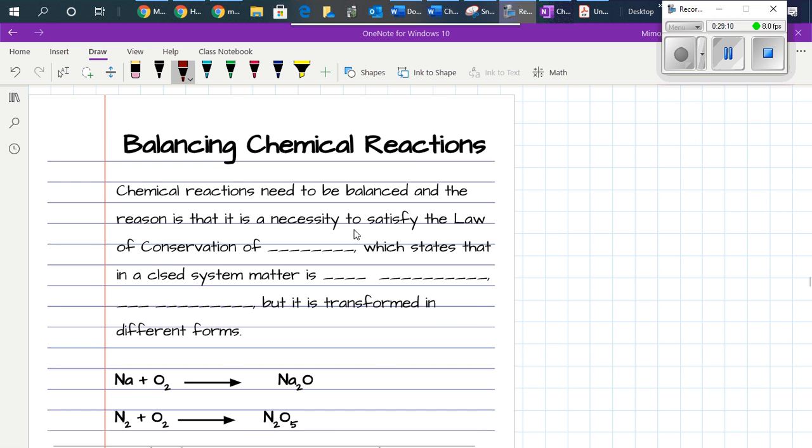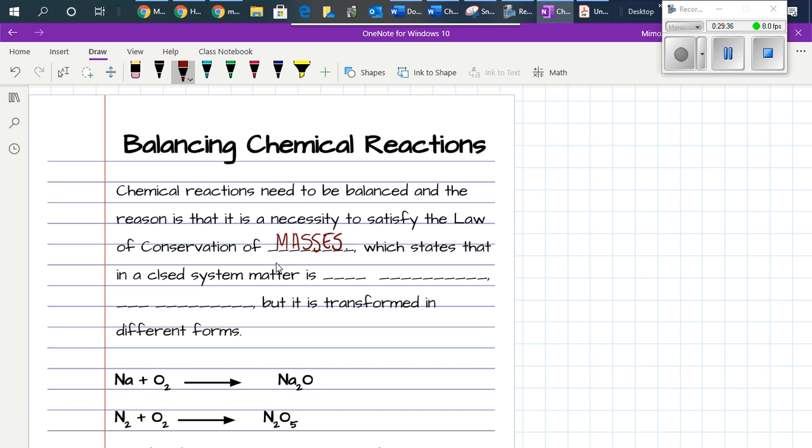Balancing chemical reactions is important. It is important because what we are honoring when balancing chemical reactions is what is known as the conservation law of masses, and this is one of the main principles of science in general.